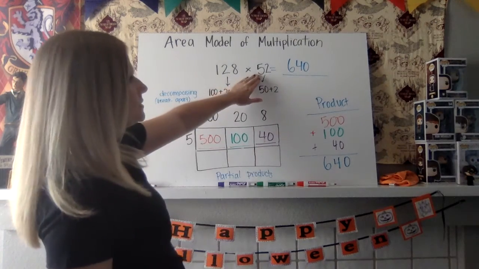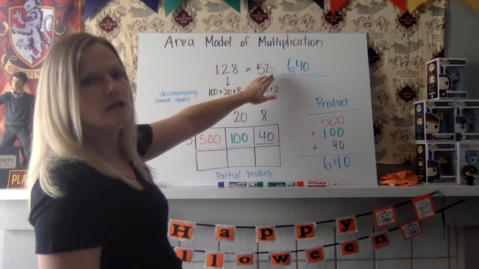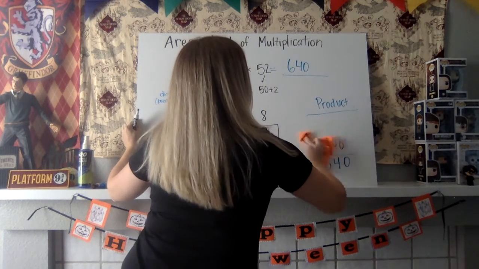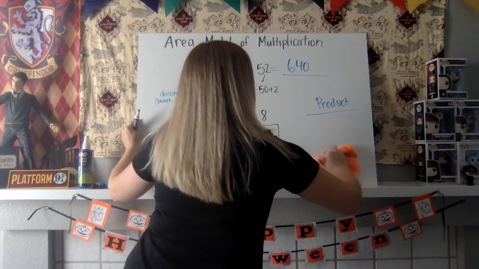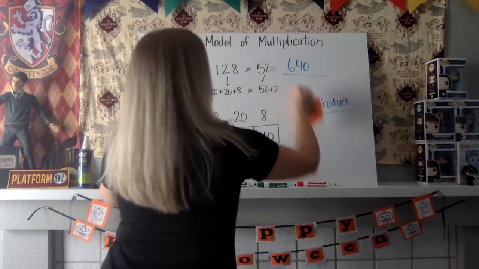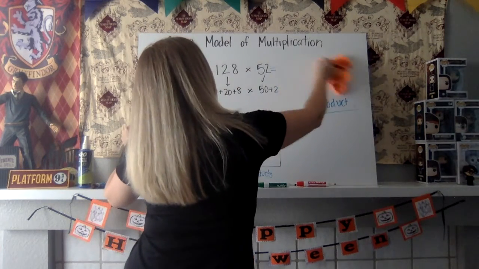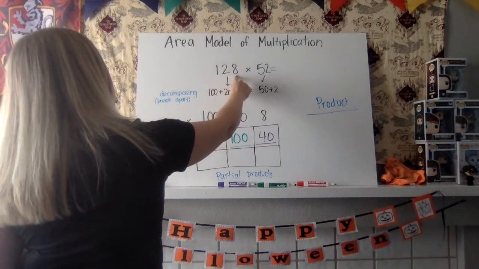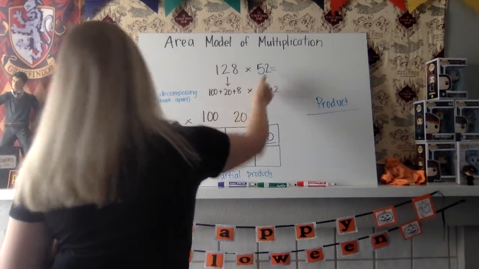It is 50 because there's a 5 in the tens position plus 2 in the ones position. So let's erase our partial products because now we're going to add to it. Because in 5th grade, you guys are going to be doing a 3 by 2. So that means there's a product with a factor with 3 digits, and then a factor with 2 digits.